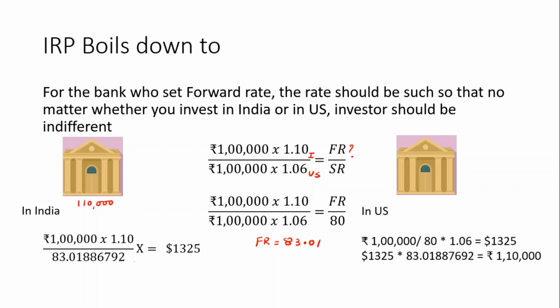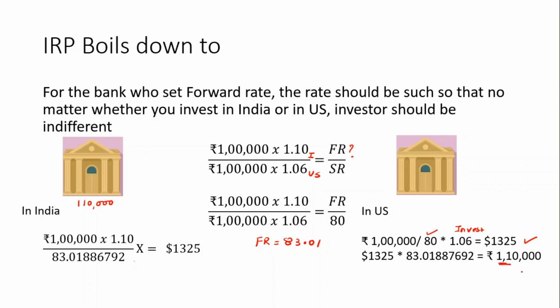So if I'm doing that in India, my total return in dollars will be 1325 after detouring. And if I do that in United States, my 100,000, I'm going to convert at today's price, and I'm going to invest in United States at 6%. I'm going to get 1325. This 1325 I have locked in so that I may get it in Indian rupees.